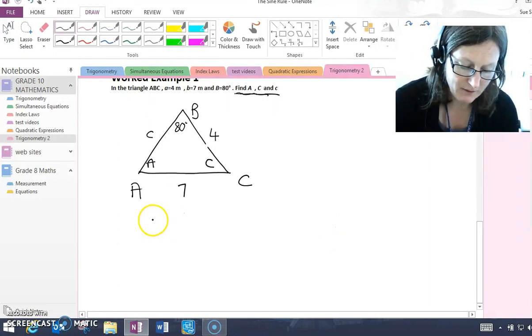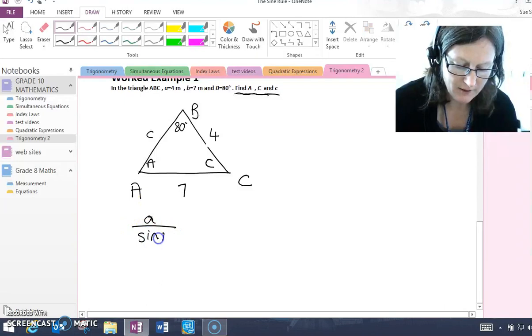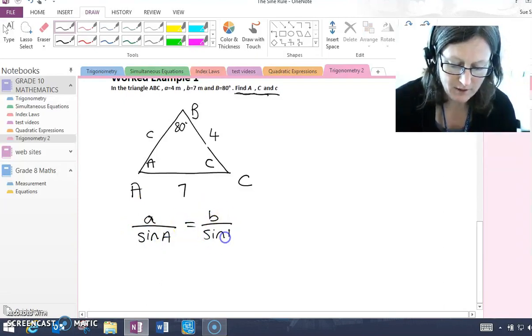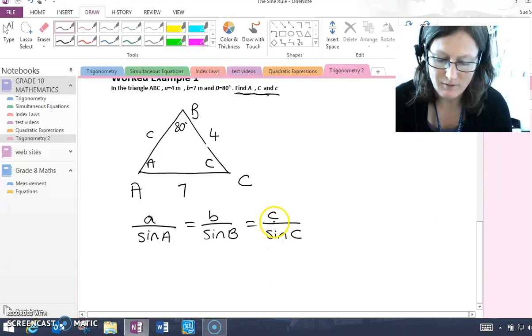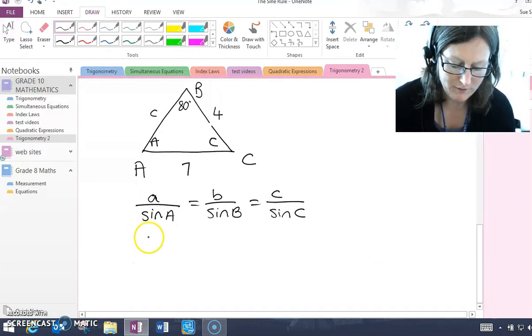I write down the sine rule: a over sine A is equal to b over sine B is equal to c over sine C. I then fill in the information I have from the triangle above.